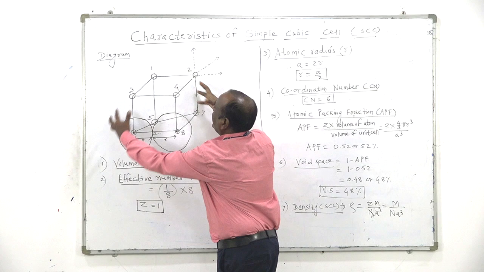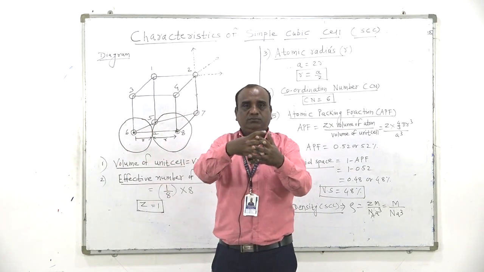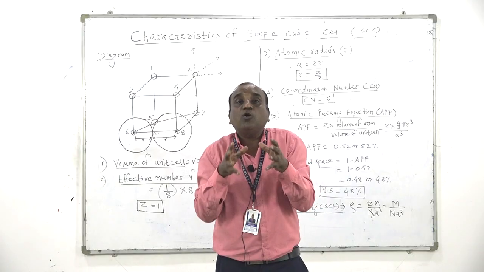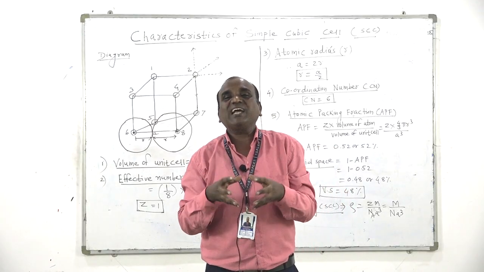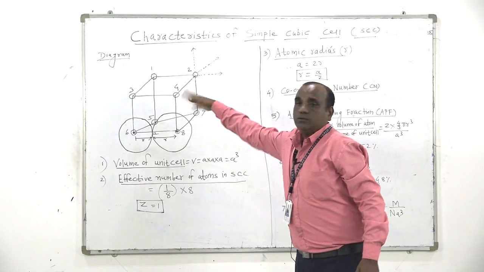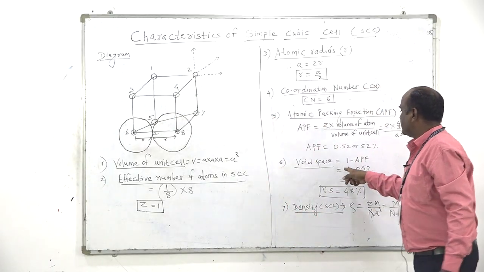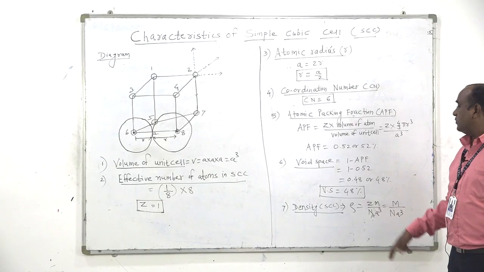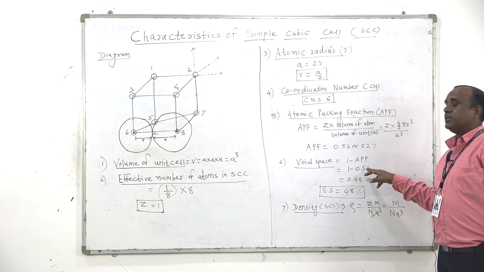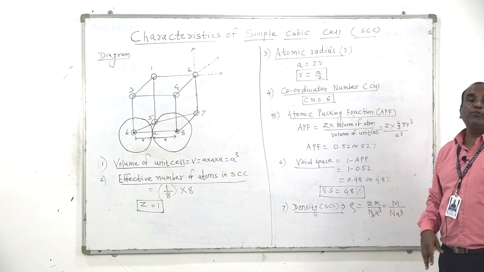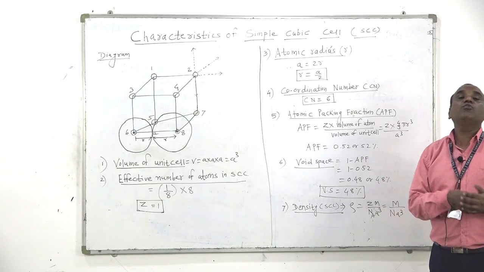So after the atoms occupy the region, we have to think how much fraction or percentage of the region will be vacant. So the formula is void space equal to 1 minus APF, and here 1 minus 0.52 gives 0.48, or you can say 48%.